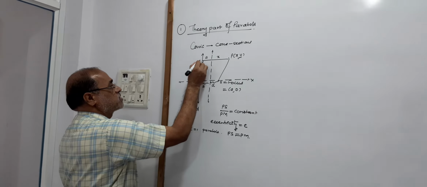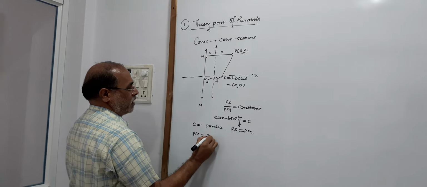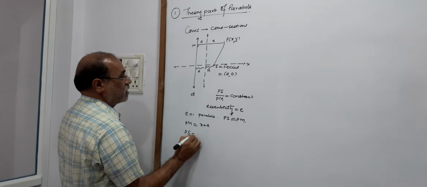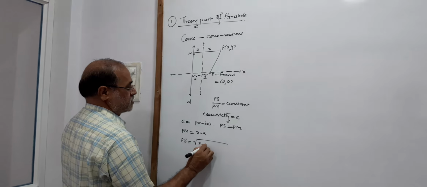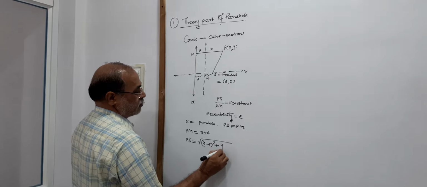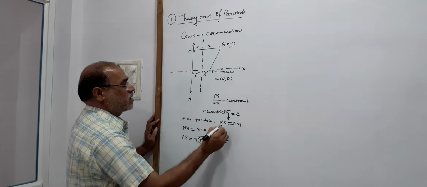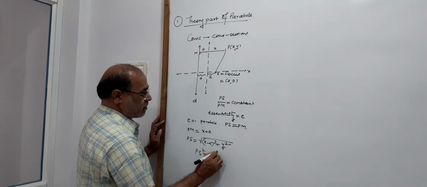Therefore, PM distance is equal to x plus a, and PS distance is equal to, by the distance formula, square root of (x minus a) whole square plus (y minus 0) square. From the focus directrix property, PS equals PM, therefore PS square equals PM square.